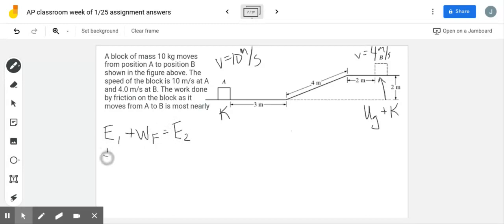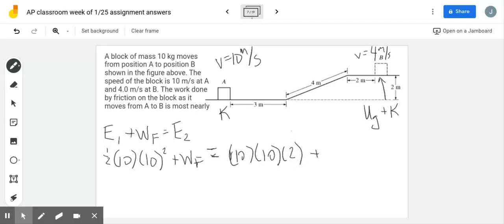So we've got 1/2 mass times velocity squared, plus the work done by friction, is equal to U_G, so mgh, 10 times 10 times 2, plus 1/2 times mass, 10, times velocity squared.